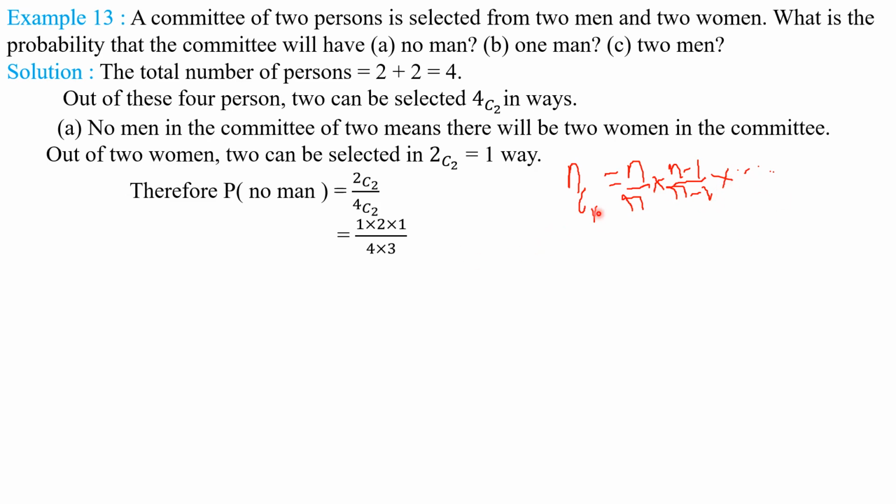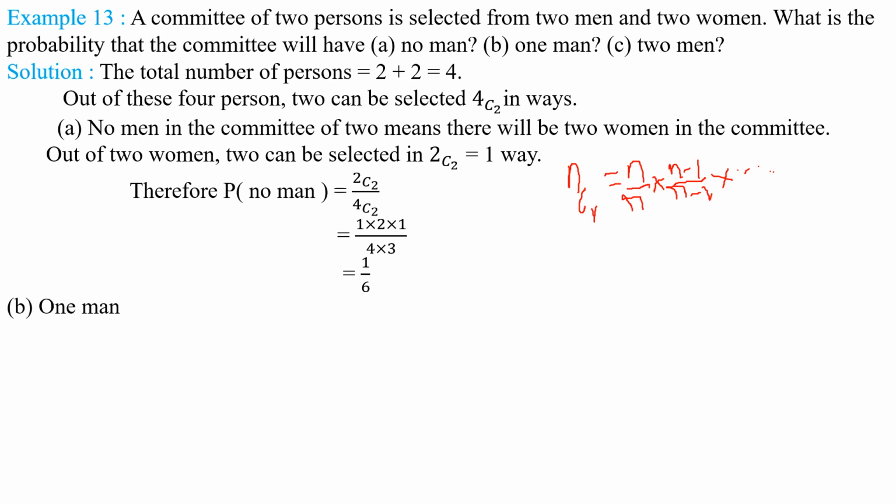Do you remember this one? By using this formula, we get this step. Understood this step, my children? That is equal to 1 by 6. By simplifying these numbers, we get finally 1 by 6.